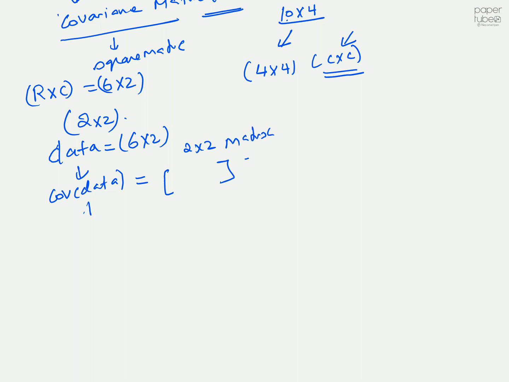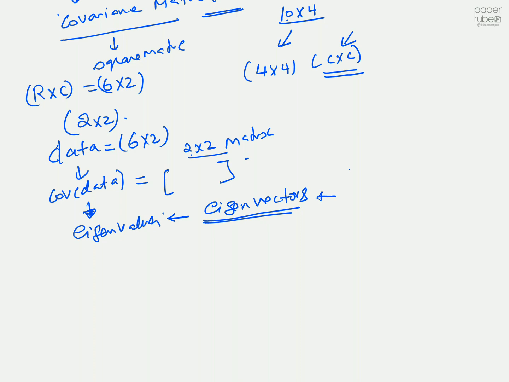Once you took the covariance of your actual data set, get the eigenvalues. Once you calculate the eigenvalues, calculate the corresponding eigenvectors. So if you have 2 by 2 matrix, which is your covariance matrix, your eigenvectors will be 2 by 2.